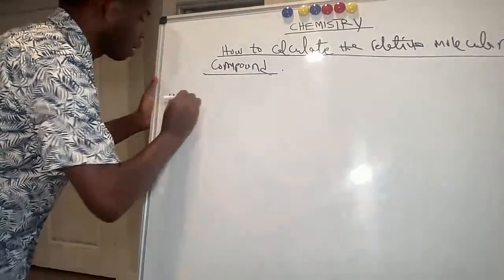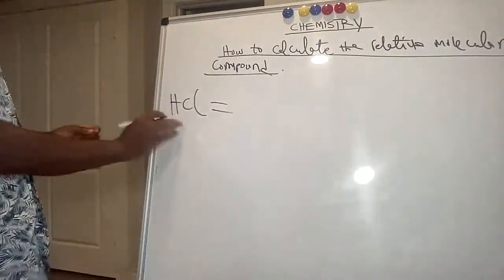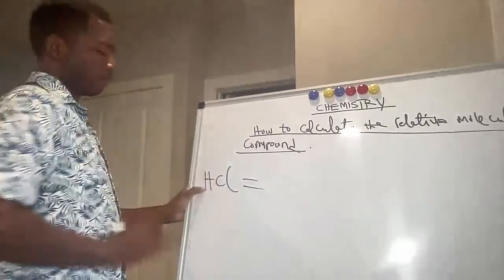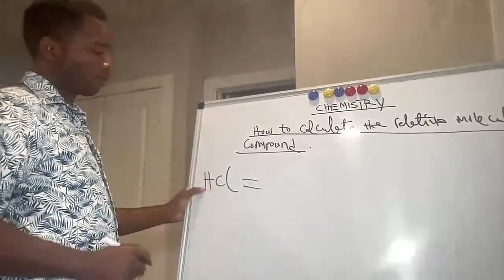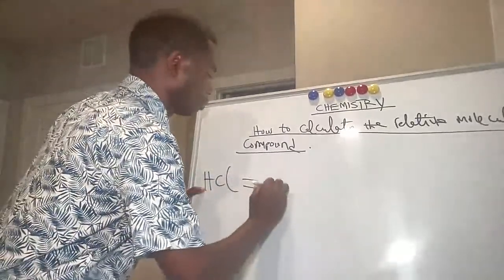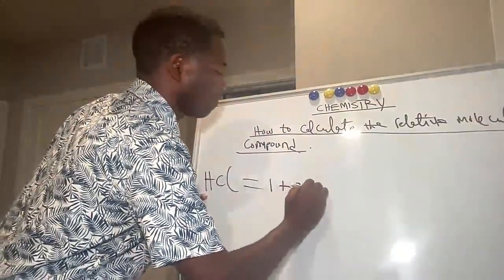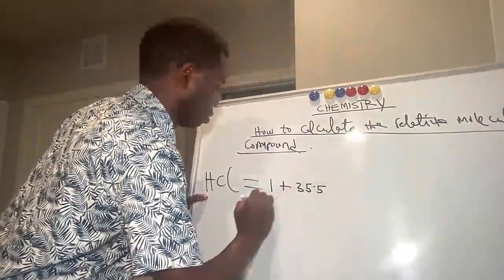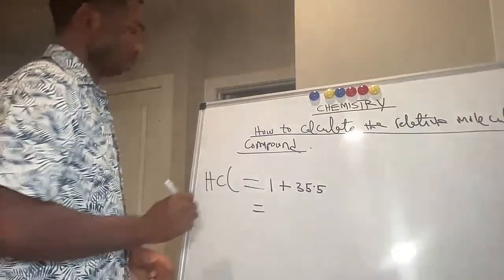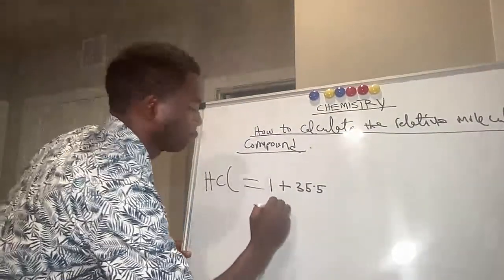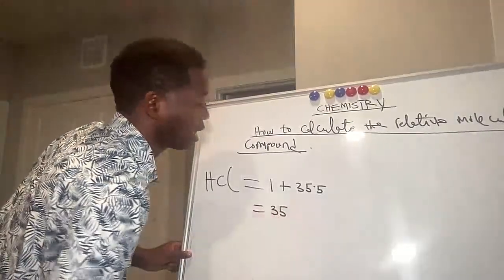Let's look at hydrogen chloride. What is the mass number of hydrogen? It is 1 plus 35.5 is equal to 36.5.